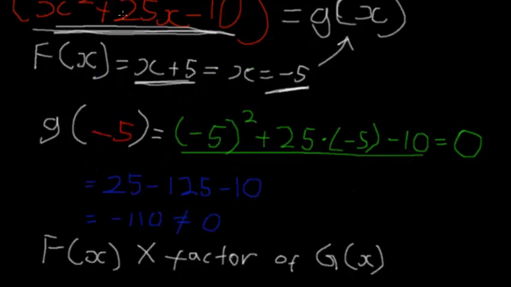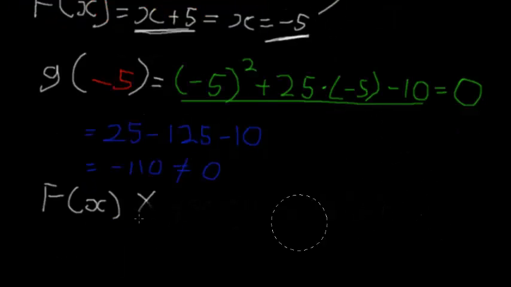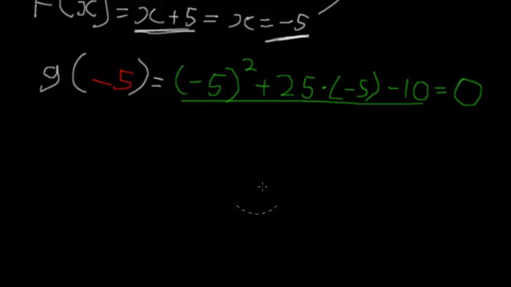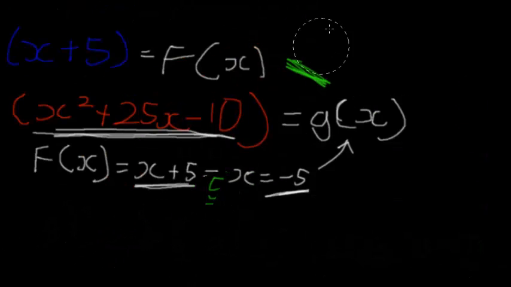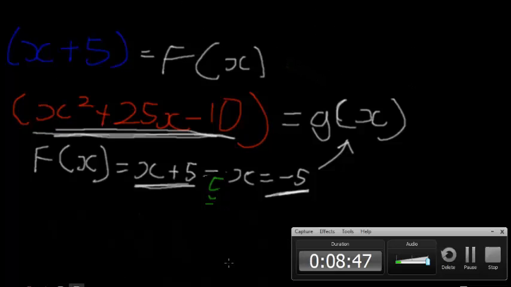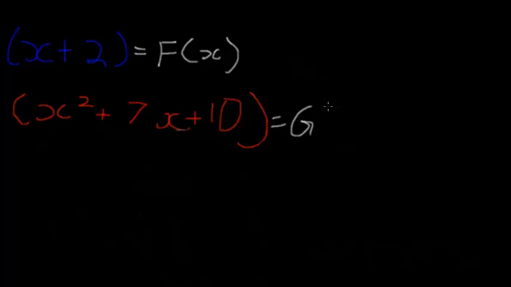Let me make an example here so that it actually is a factor, so that I can show you step by step how we can easily find that. So then wait, let me change this. Wait, pause. Okay, let's start again from two equations. We have here f of x, right? And we have here g of x. This is just an example so that you will understand how we know it's a factor.